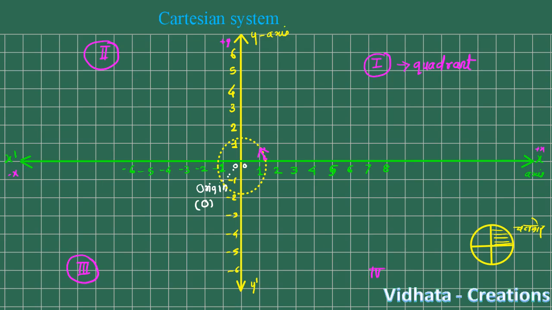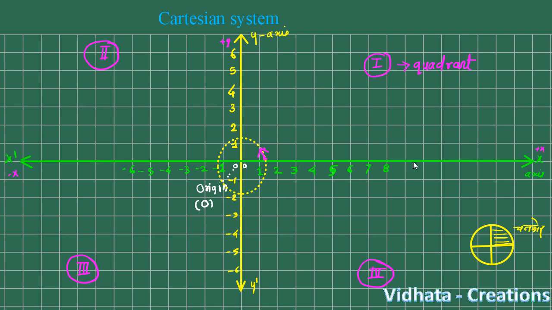In this way, the 2 perpendicular axes make 4 equal parts of the given plane. But you may say that this part looks somewhat larger than this part, but it is not so. How are there equal parts?